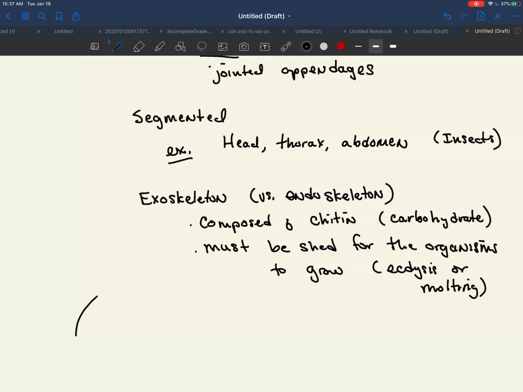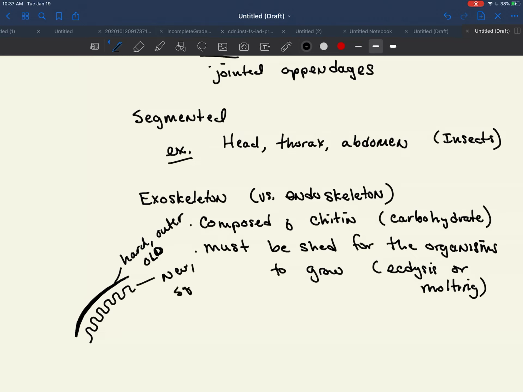If I look at my hard outer exoskeleton, let's say I'm talking about a grasshopper or a spider or even a pill bug, this is the hard outer, and it is old. So it's the old exoskeleton. Okay. The newer inner one is produced, and it initially is very soft.